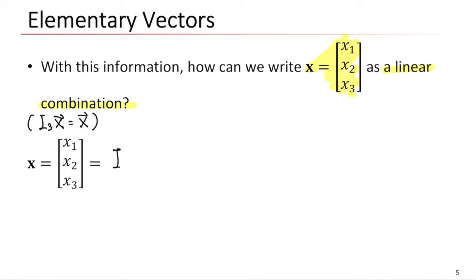So it means that we can write this vector like that. Then what is I3? I3 looks like this, right?